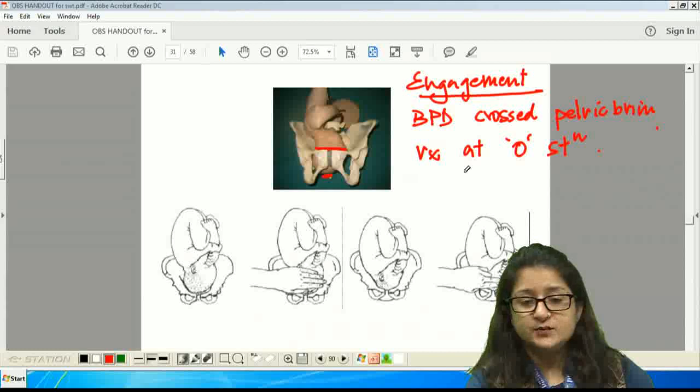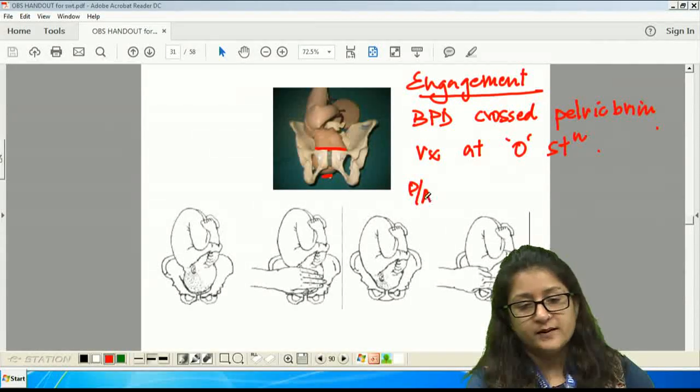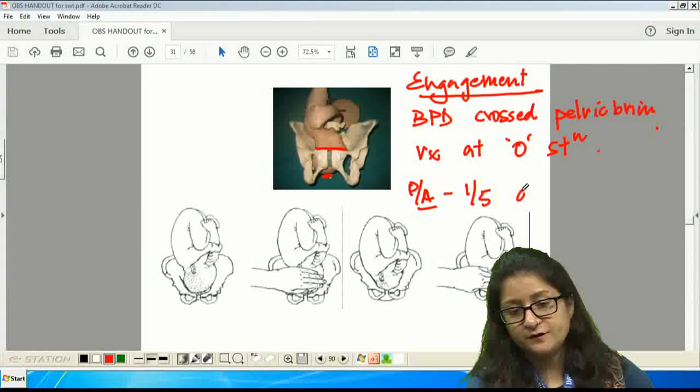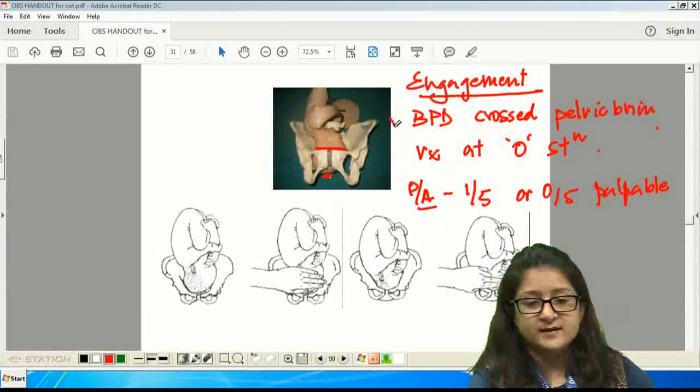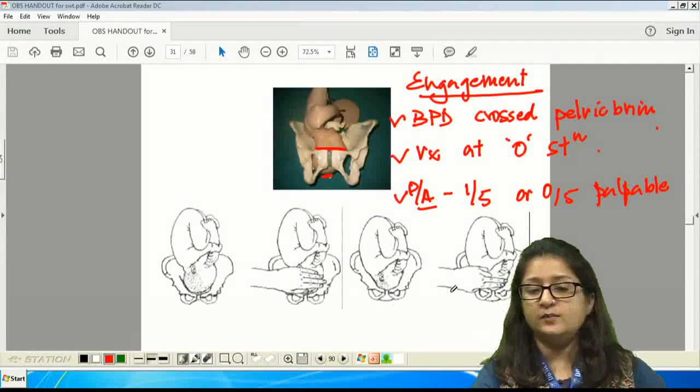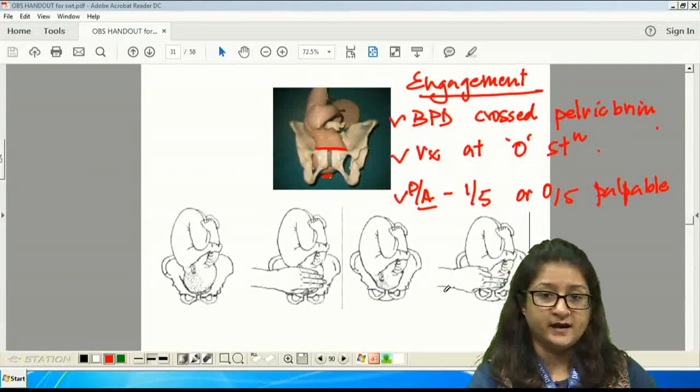This will happen when on per abdomen examination the head is 1/5 or 0/5 palpable. These are the 3 important points about the definition of engagement.